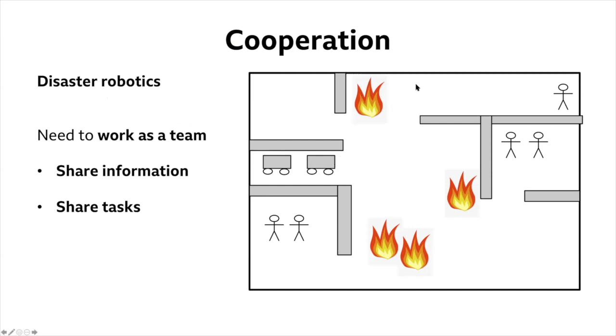Imagine that this robot has discovered that this stairwell here is blocked and it needs help to clear it. And it needs help from, let's say, a bulldozer robot or a crane robot, something that's got those kinds of capabilities. And it doesn't have them itself, so how does it go about getting help with this task? So what it does is it shares that task. It gets another agent to help it with that particular task.